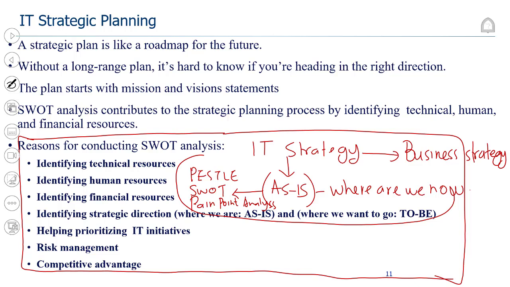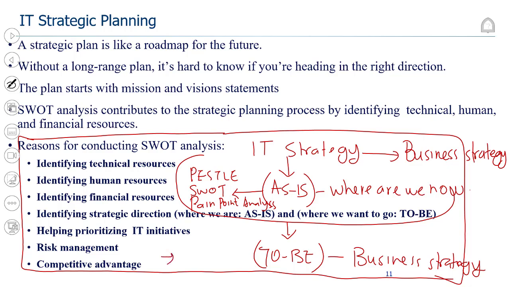And then once we know where we are, we work out the to-be. The to-be will be informed by the business strategy, what the business wants. So let's say the business wants digital transformation. They want to go online and start selling things online.